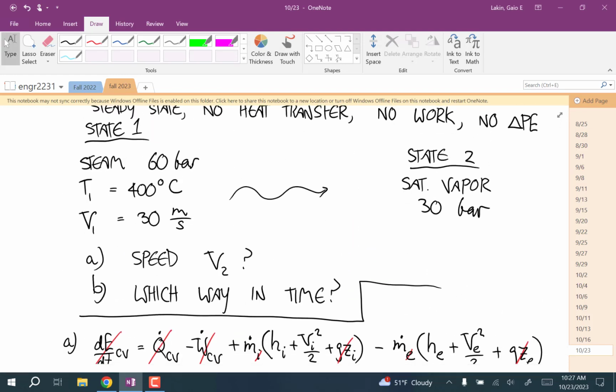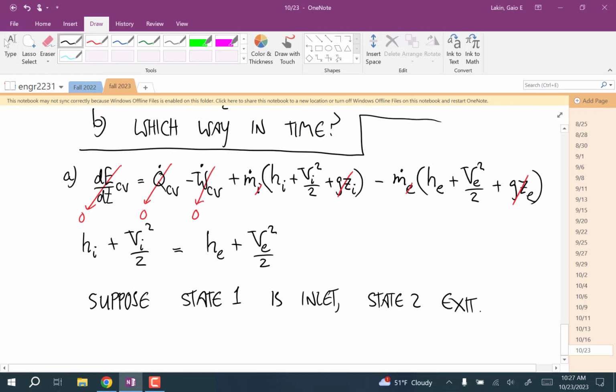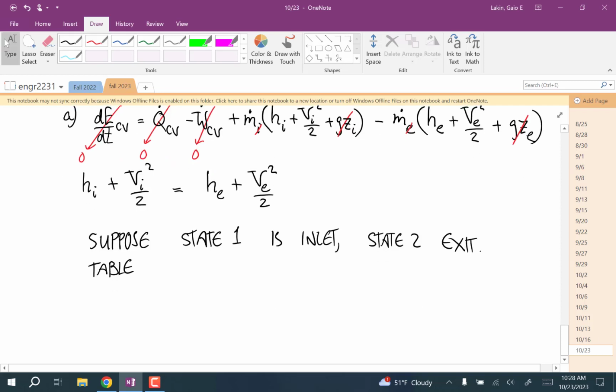We have everything we need to look up values. So we can look up the specific enthalpy at state 1.